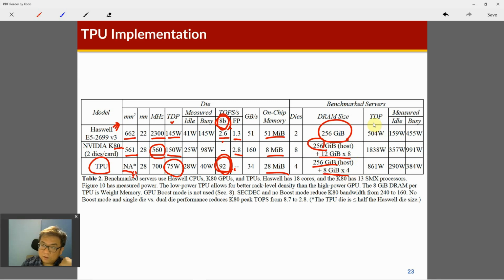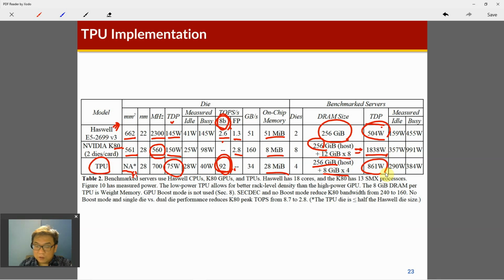The TDP for Intel is over 500 watts, and if you use the GPU, it's over 1800 watts. So the GPU consumes much power. And let's see the TPU.